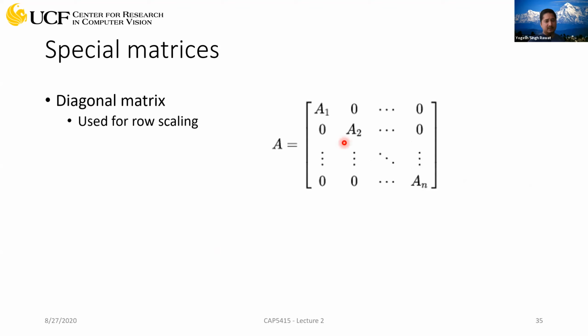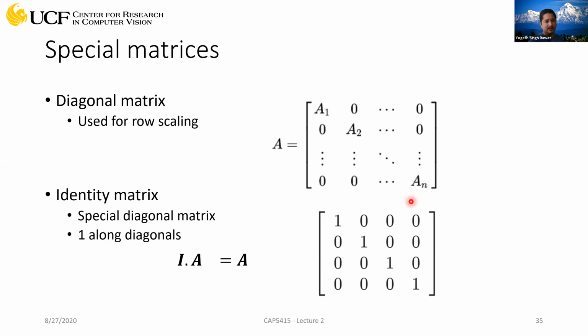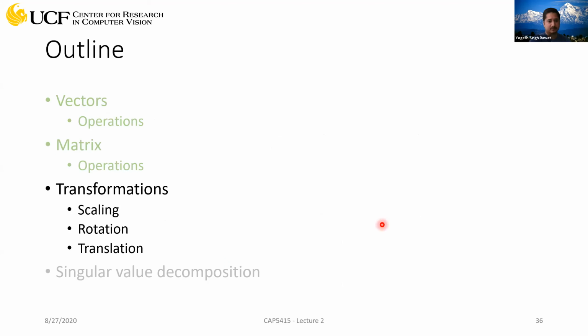So diagonal matrix is where you don't have any values in the off diagonal locations. All of them will be 0. You'll have values only along the diagonals. And this is the identity matrix, which we were talking about earlier. When you multiply a matrix with its inverse, you get an identity matrix. So this is all ones across the diagonal, and everywhere else it would be 0.